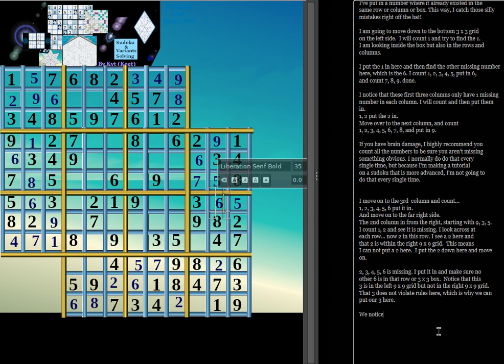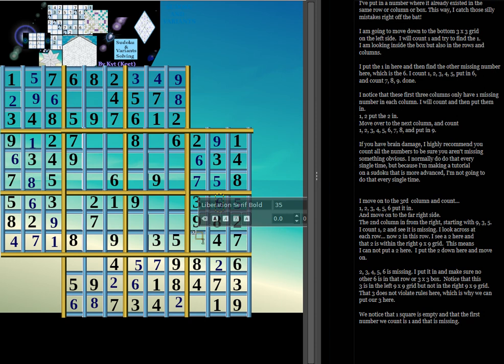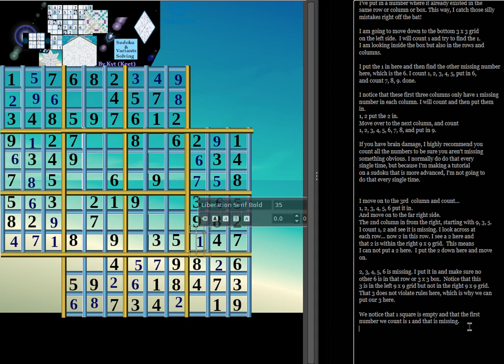We notice that one square is empty and that the first number we count is 1, and that is missing. I put in the 1 and move on.